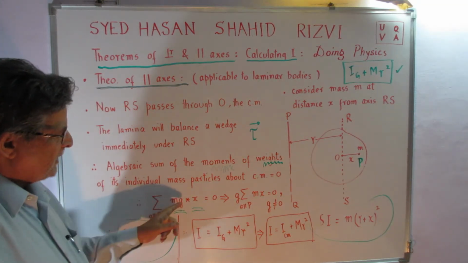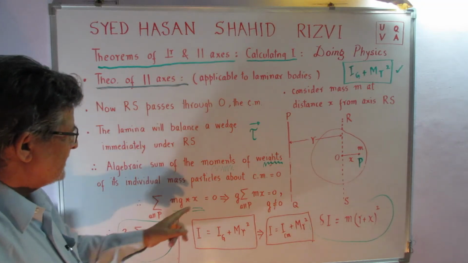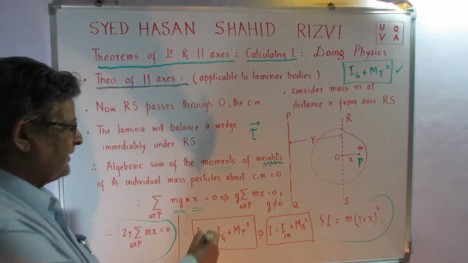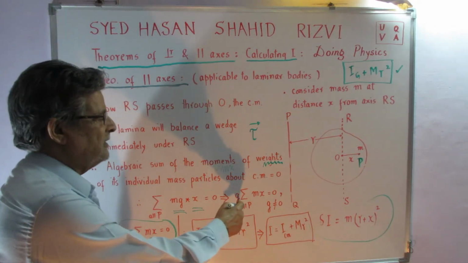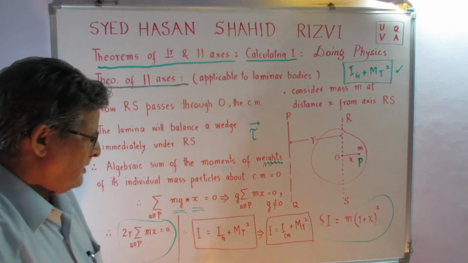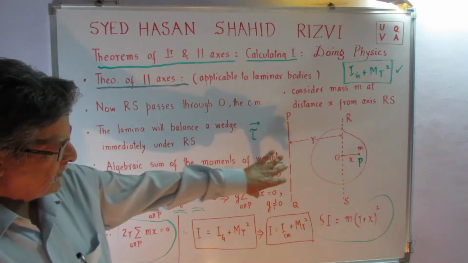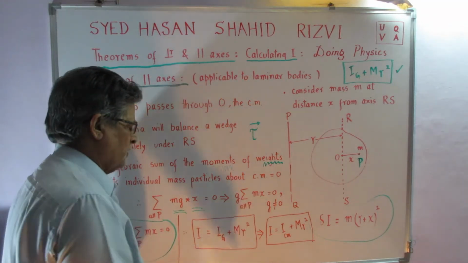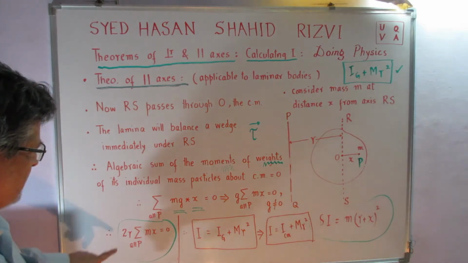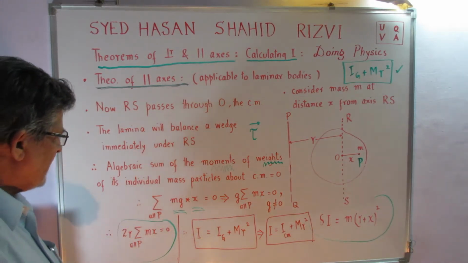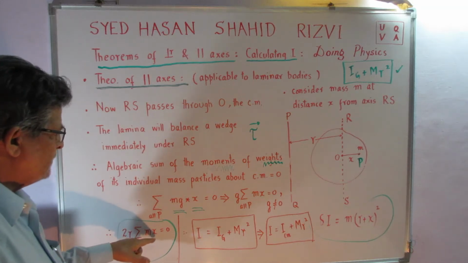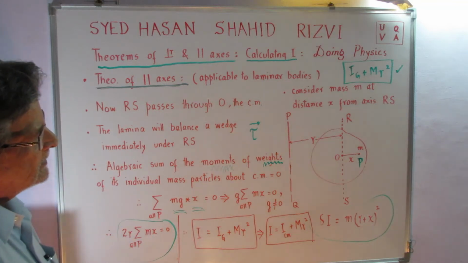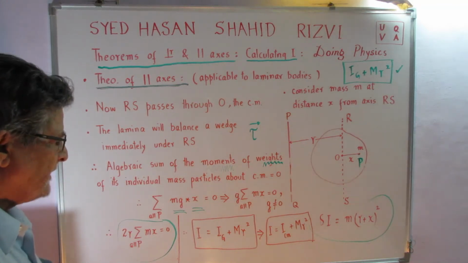So mg into x will turn out to be equal to 0. I can take g out of it, and for the summation for all the point masses which constitute the laminar body, this is mx equal to 0. Since r is a constant, the third term in the equation that we had turns out to be equal to 0.